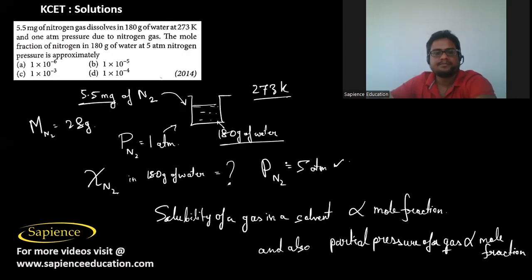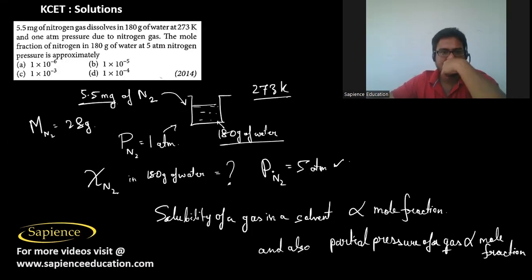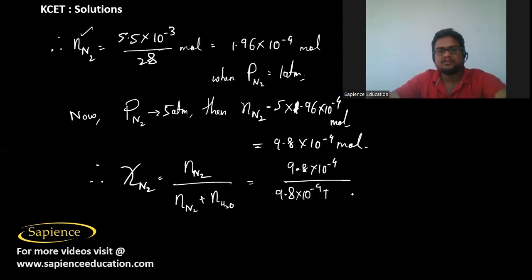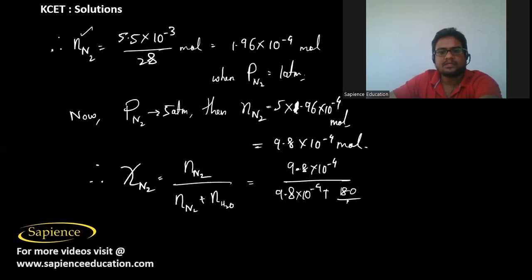So that will be 9.8 into 10 power minus 4 mole divided by 9.8 into 10 power minus 4 plus the number of moles of H2O. Here 180 gram of water is used, so 180 by 18.